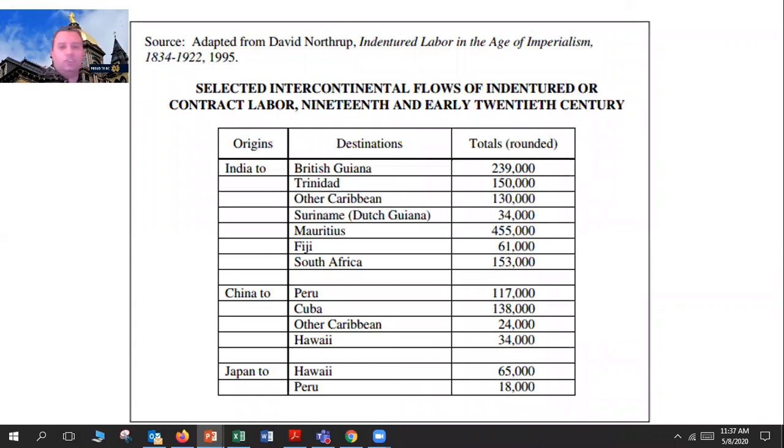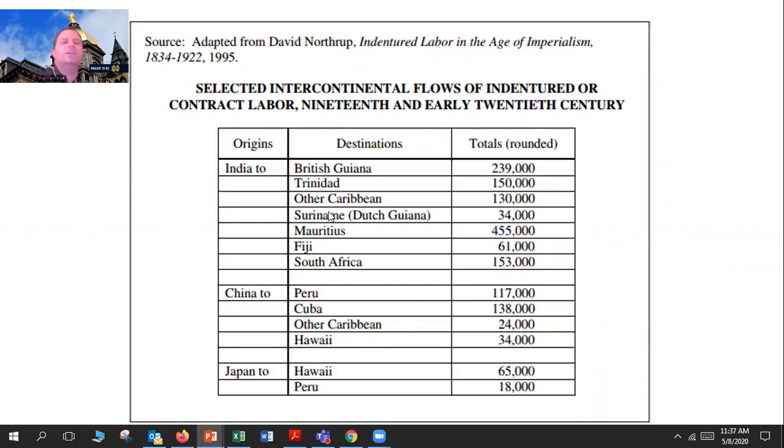And this chart here is another representation of the same thing. Take a look at how many people left India and went to British Guiana, or went to Trinidad, or went somewhere else in the Caribbean. And same thing down here with China. Look at how many people left China and went to Peru, or went to Cuba or the Caribbean.